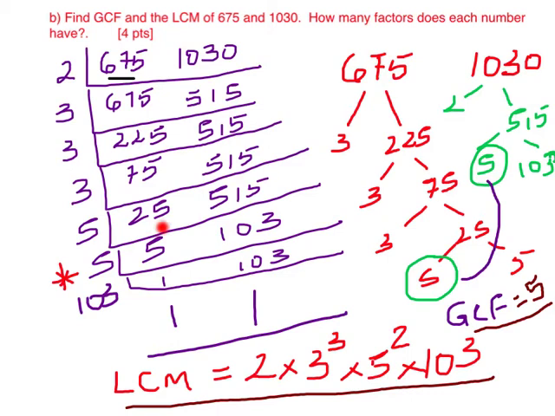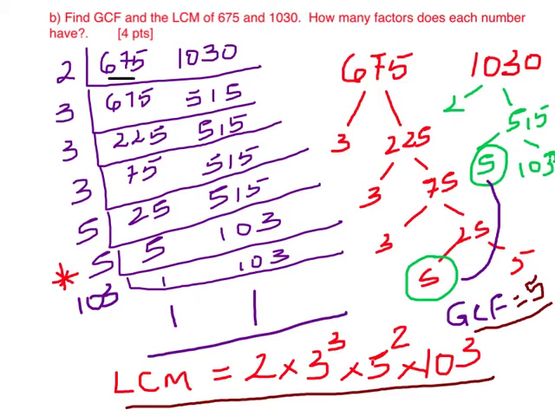It goes 5 times into 25, and into 515 it goes 103 times. And then one more time, 5 goes into 5 once, but it's not a factor of 103, so we bring down 103. Then 103 divided by 103 gives 1, and we get 1.